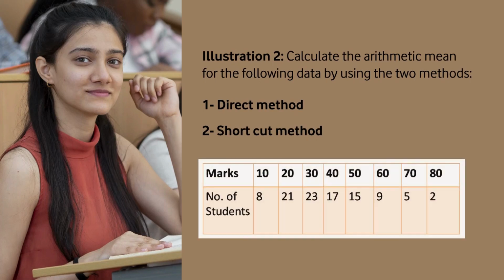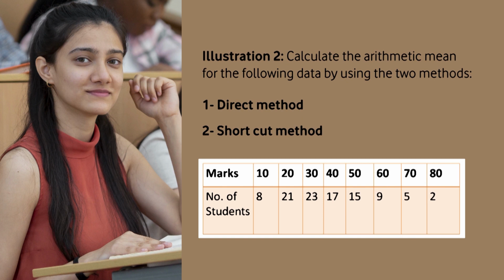For example, in this illustration the marks of a few students are given. All students who have scored 10 marks are 8 in number. That means in a class, 8 students have scored 10 marks in a particular subject, say statistics.